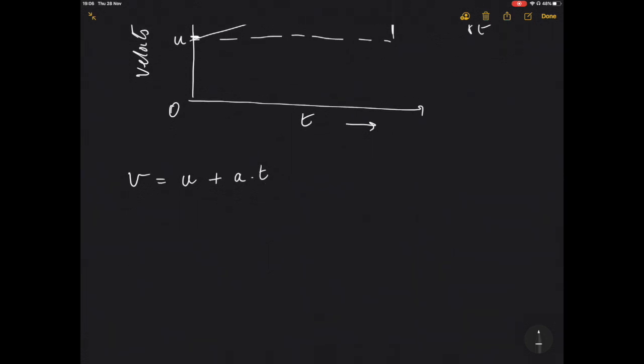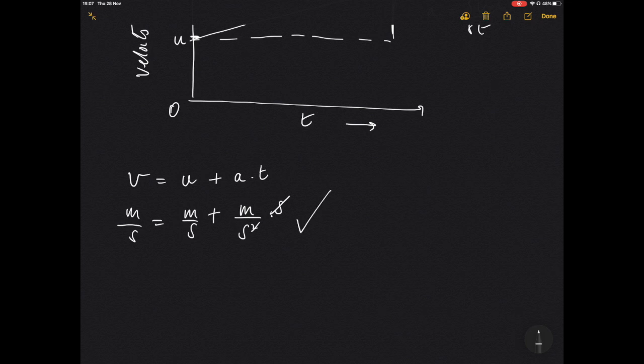And we can check these units using our dimensional analysis. So this is a velocity, which is meters per second, equals another velocity, meters per second, plus acceleration, which is meters per second squared, multiplied by seconds for time, and that cancels out, so we know we have the correct units.